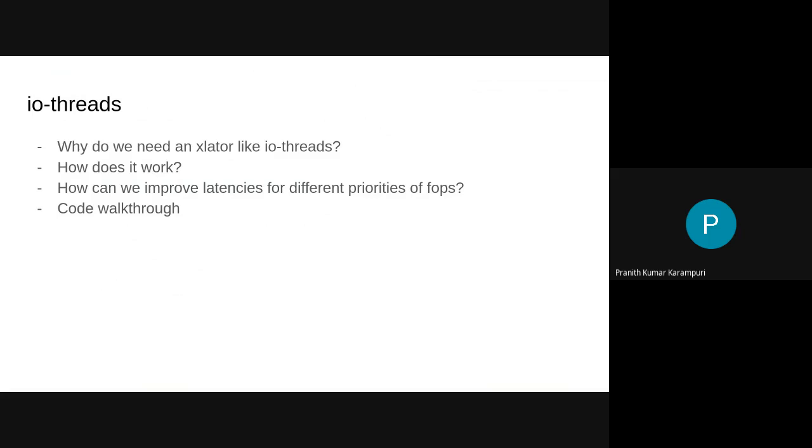Until they respond, the thread will be blocked. So you can't have just a single thread that takes care of everything. You need a pool of threads, and the implementation for the pool of threads in GlusterFS is IO threads. There are now more iterations on it, but I've chosen to talk about the one that is in production.